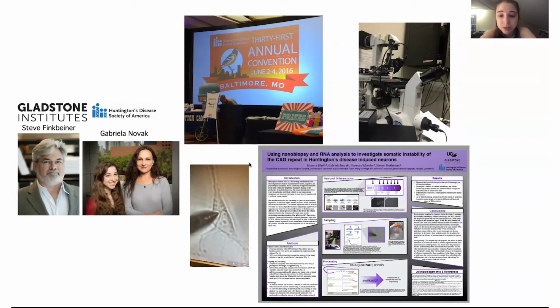And so my project was looking at somatic repeat expansion. Basically, I was seeing if the CAG tract was actually expanding in cells.